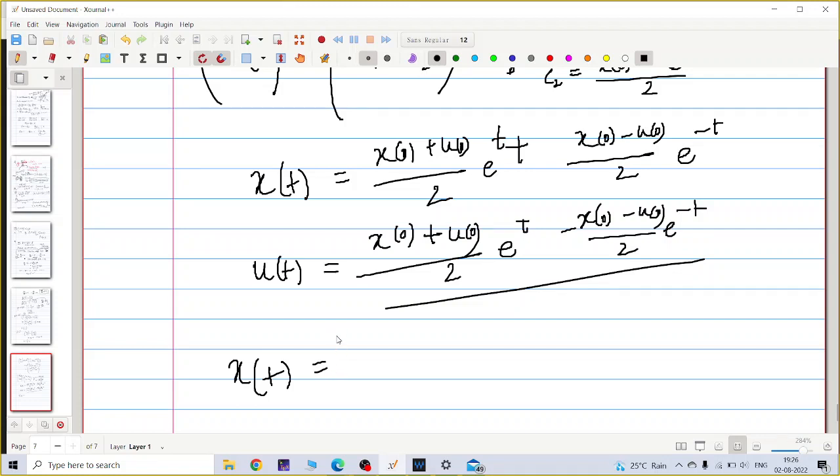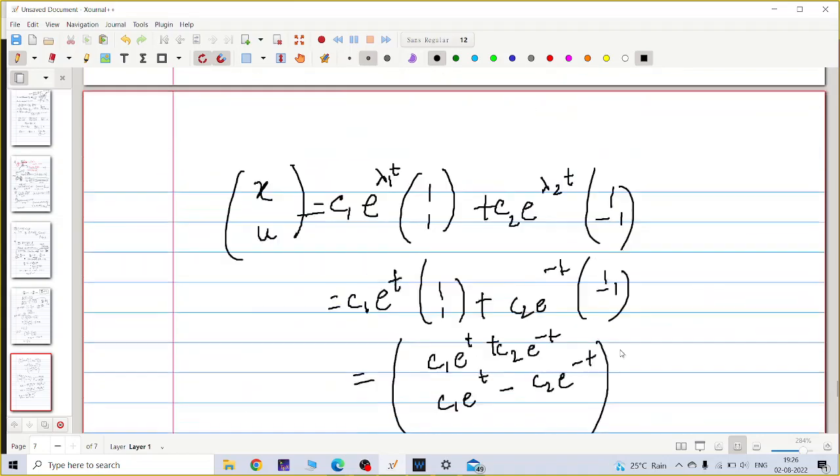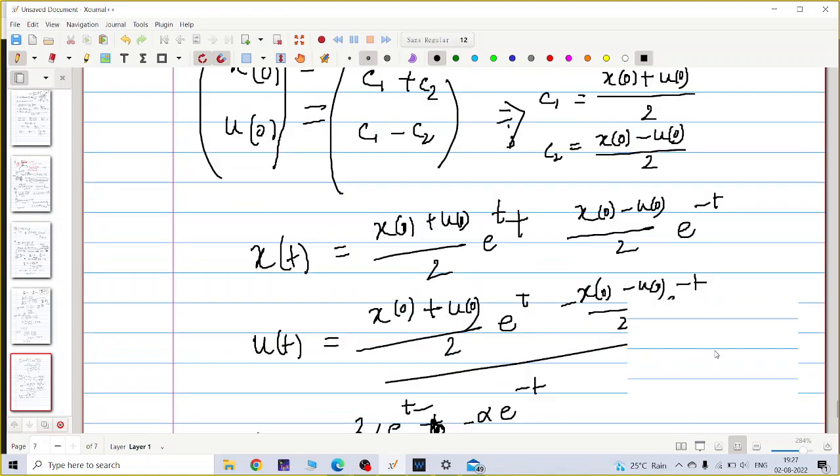So x(t): x0 plus u0 means 2 alpha plus 4 alpha by 2 is 3 alpha e power t, plus 2 alpha minus 4 alpha is minus 2 alpha, so minus 2 alpha by 2 is minus alpha e power minus t. And u(t) is 3 alpha e power t plus alpha e power minus t. And y(t) I got earlier, it is e power t only.